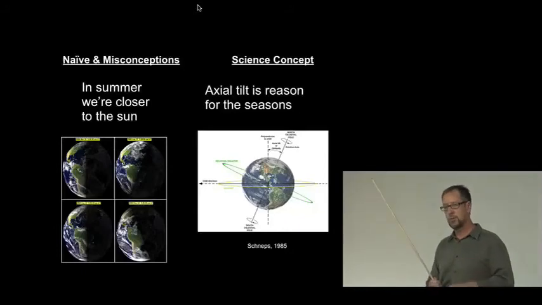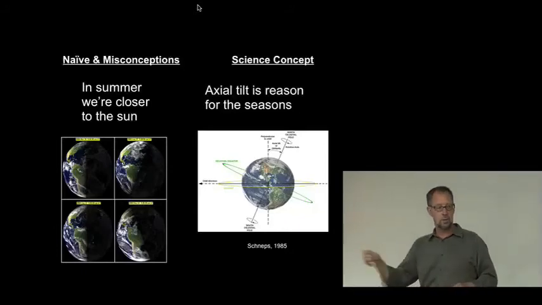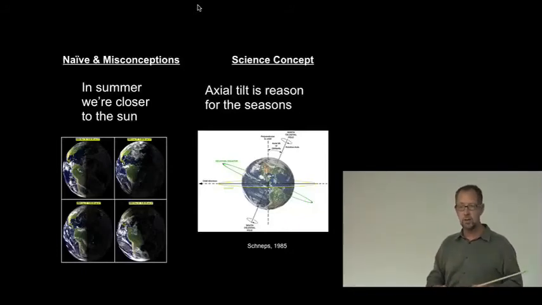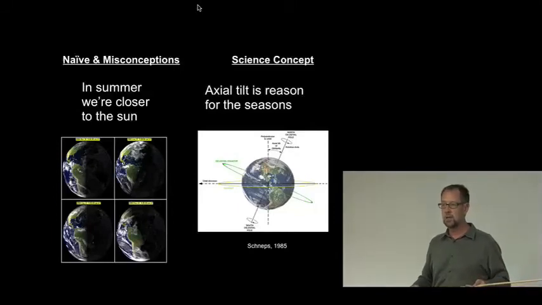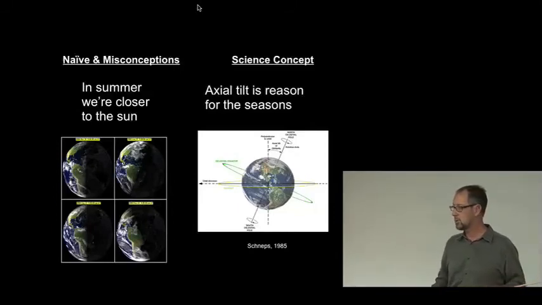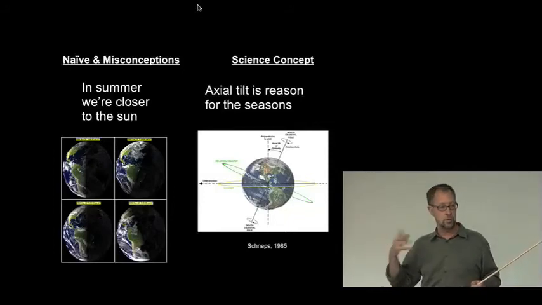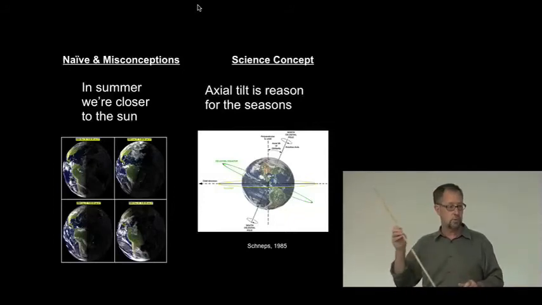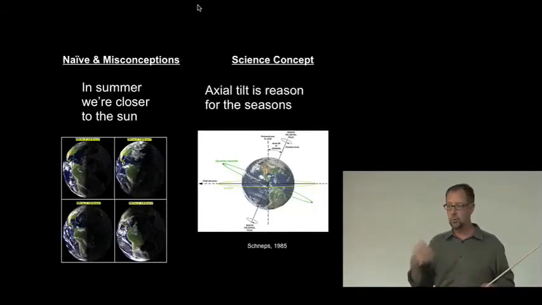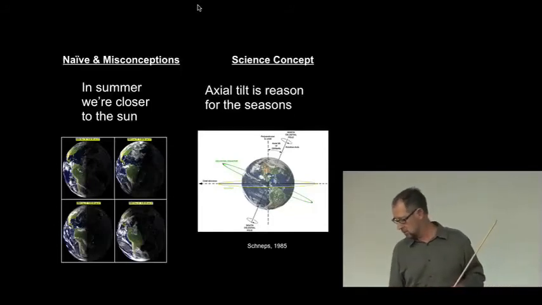The concept that it's the tilt of the Earth that is the reason for the seasons is a tough one to convey, and from the work that the folks at AAAS have done, it's really not until high school when the students have enough geometry and physics to kind of get it that they're able to really understand this particular concept.